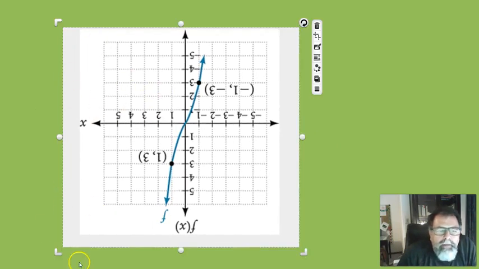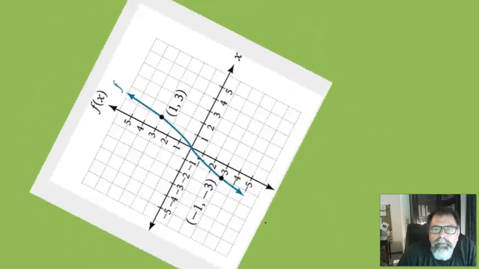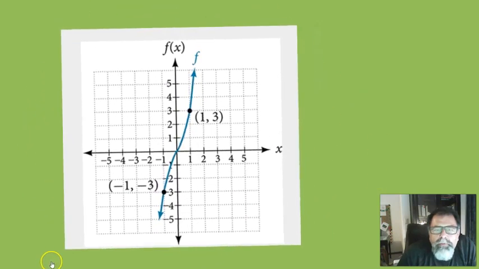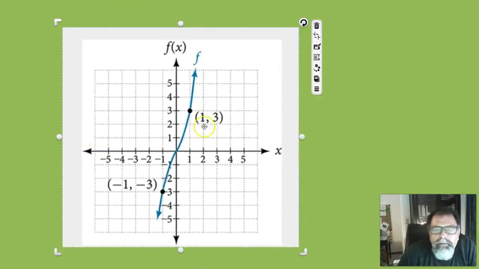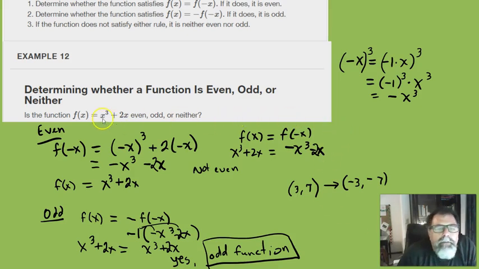And again, if I did the math to figure out (1, 3) is on the graph, by plugging in 1 for x, I do 1 cubed plus 2 times 1, well, that's 3.